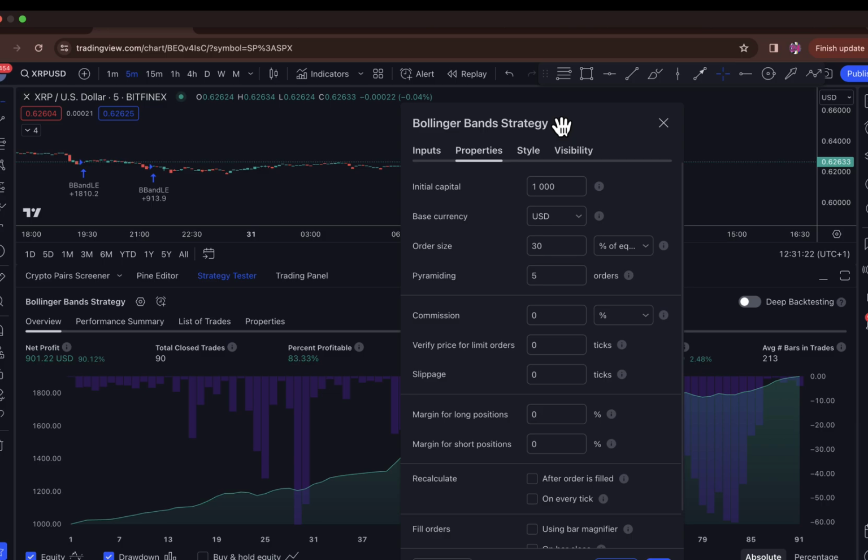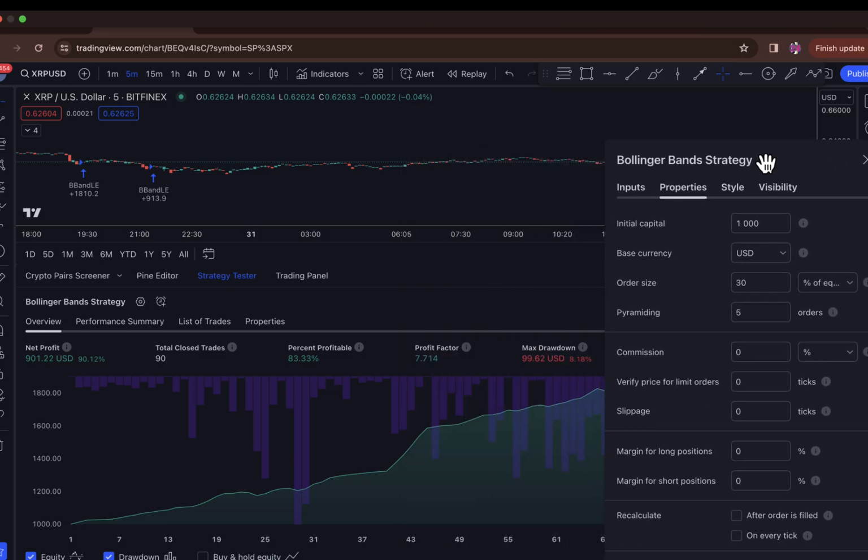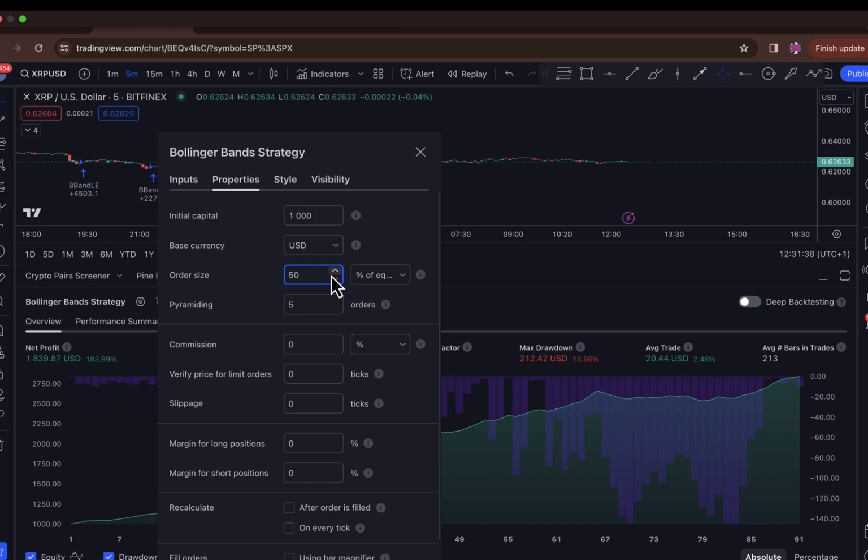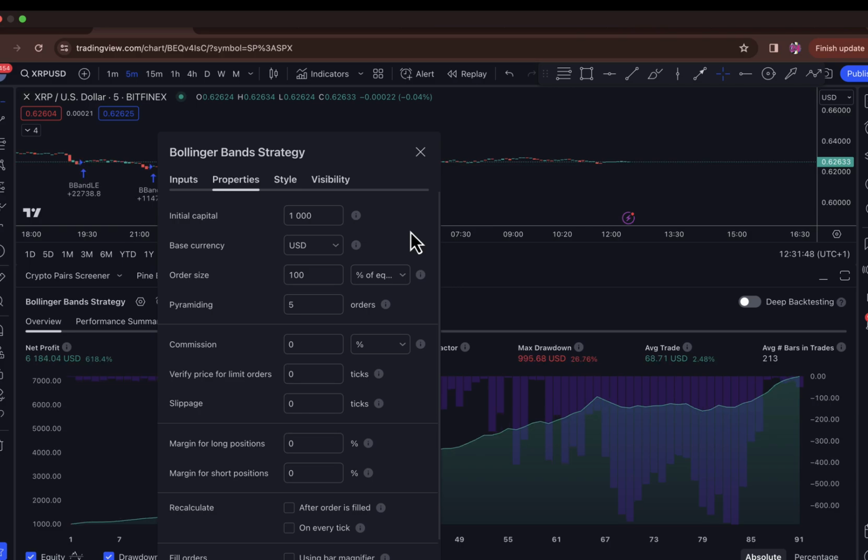One more thing I need to show you is about the drawdowns. So if you use more of your equity, let me push this back to 50 and show you something. If I put it to 50, my drawdown is technically going to increase. Let me just increase it further. So at 100%, my drawdown is now 995.